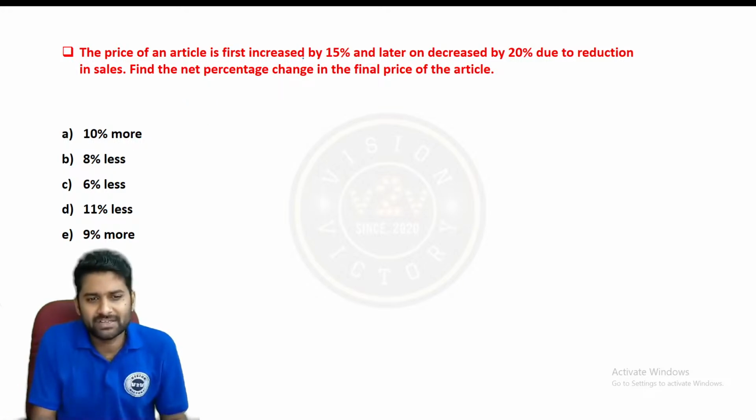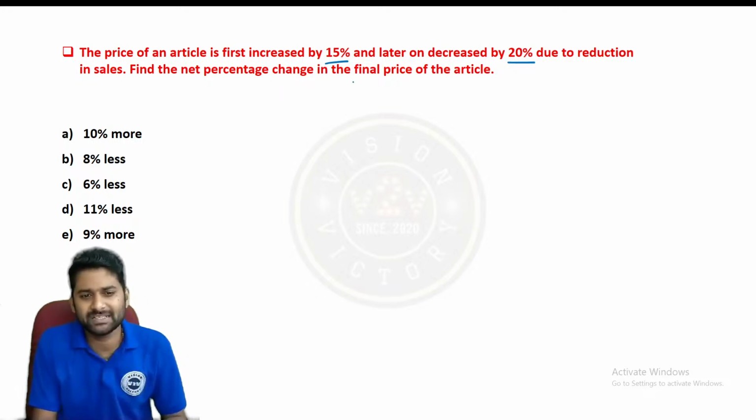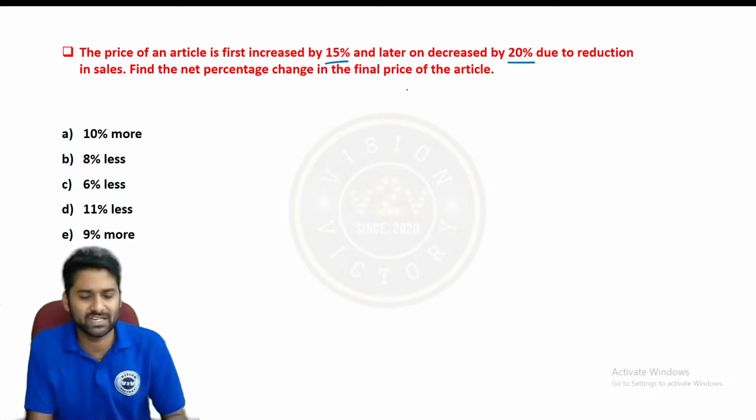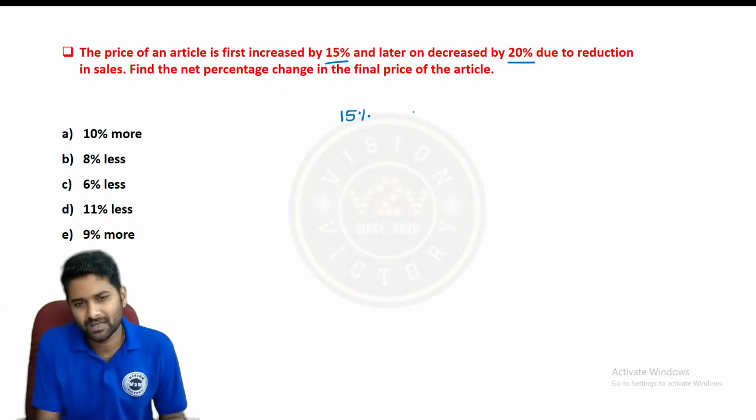Guys, the price of an article is first increased by 15 percent, later decreased by 20 percent due to the reduction in sales. Now find the net percentage change in the final price of the article. You can use the successive percentage concept, guys. So it increases 15 percent and decreases 20 percent.